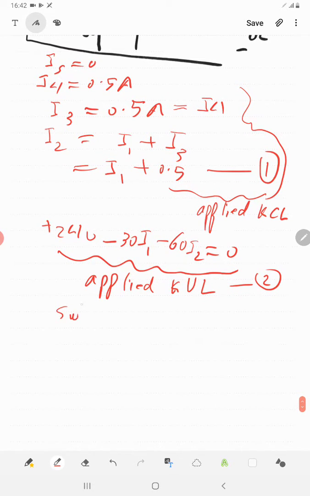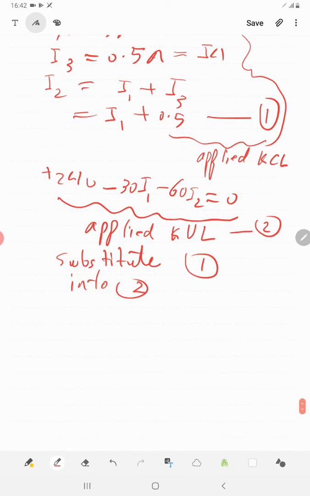Now we can substitute I2. Substitute 1 into 2. So we have 240 minus 30 I1 minus 60 times (I1 plus 0.5) equal to 0.